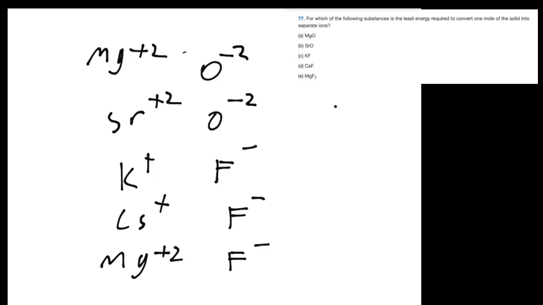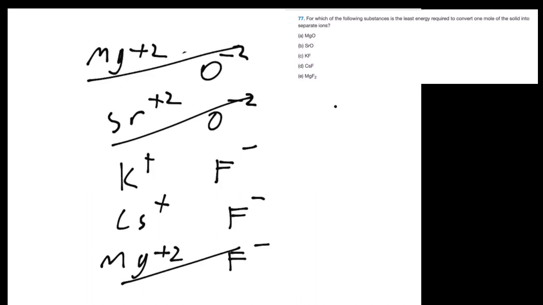So in order to answer this question, we're looking for ones that aren't so strong. So anything with a charge of positive and negative 2 would be out as a choice. So the first one is out, the second one is out, and the last one is out, because all 3 of those contain plus 2s or minus 2s, or both.